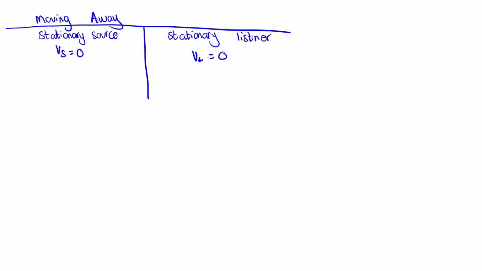You understand that? Meaning that for moving away, the frequency of the listener has to be less than the frequency of the source of sound. I cannot register a frequency greater than the source of sound if the source of sound is moving away from me, or I am moving away from the source of sound, right?